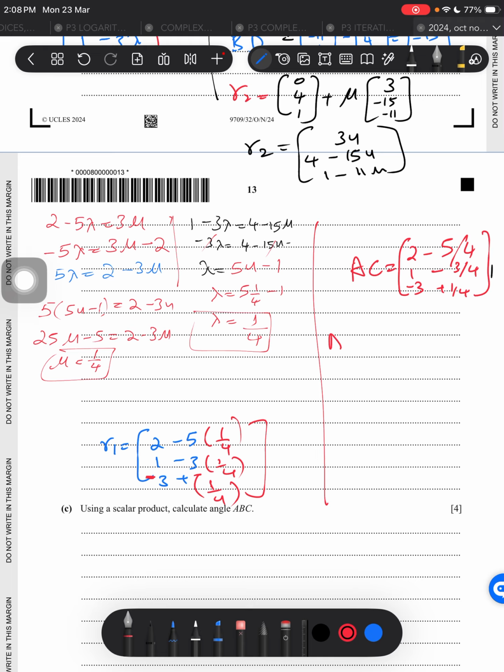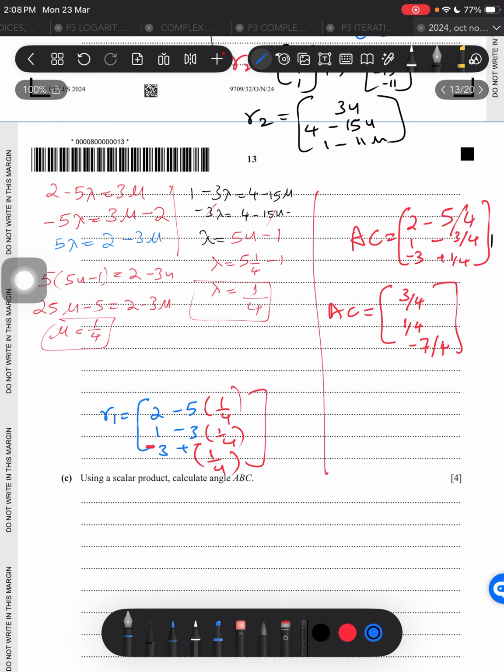This can be simplified as 3/4, 1/4, and the last will be negative 7/4. So we say that this can be the point of intersection at P, but this can be written as position vector i plus 1/4 j and negative 7/4 k. So that was it.